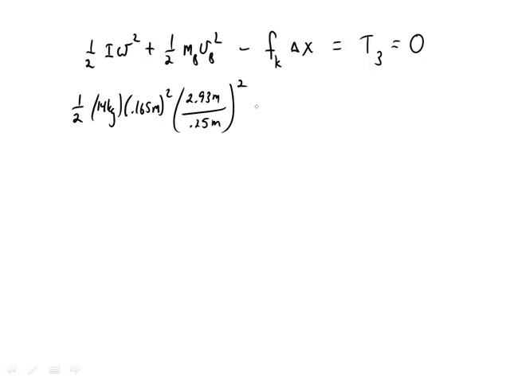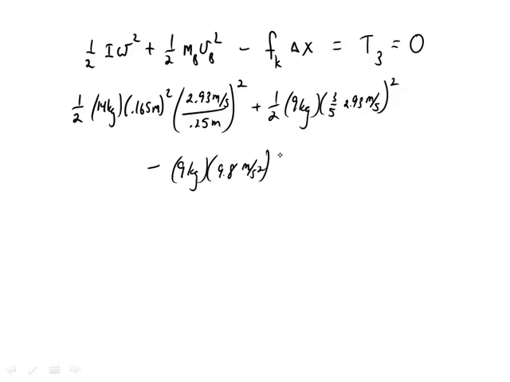I'm going to square that, plus 1/2 times 9 kilograms times 3/5 V sub A, which is 2.93 meters per second, squared, minus 9 kilograms, 9.8 meters per second squared, times 0.25, that's the force due to friction, times delta x, the distance it travels after block A has hit the ground. And in the end, this will all equal 0 because I'm going to slow down until I stop.